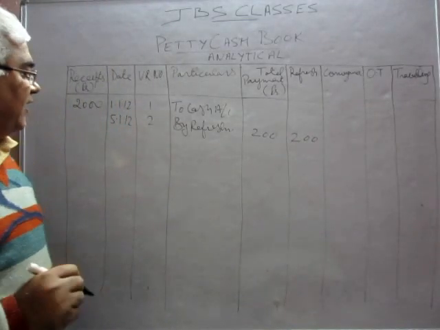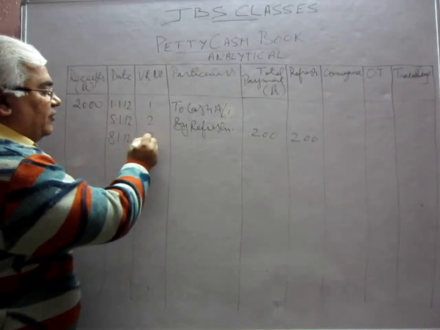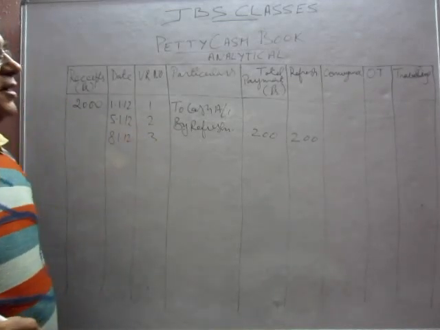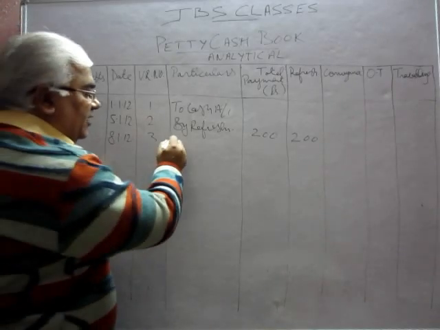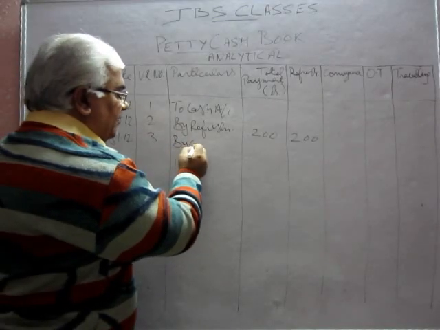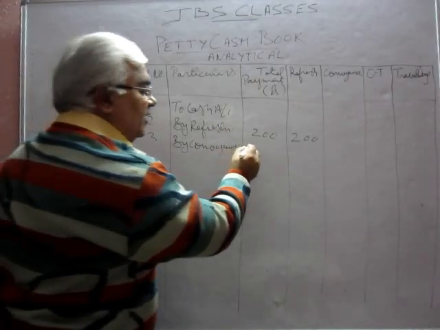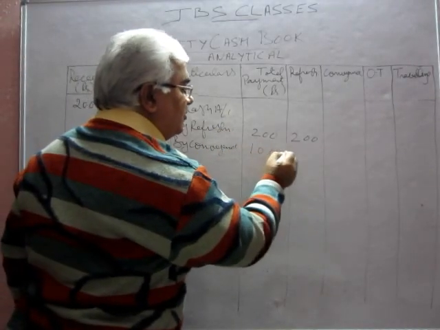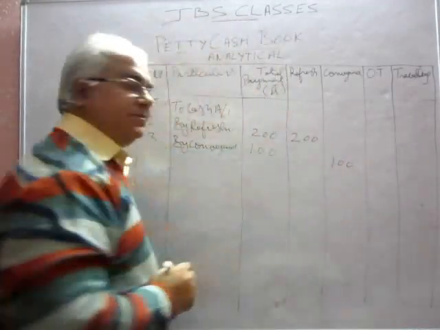And after that, on say 8/1/12, voucher number 3, he makes a payment of 100 rupees for conveyance. So here it will be by conveyance account. 100 he will again put in the total payment column and 100 in the conveyance column.